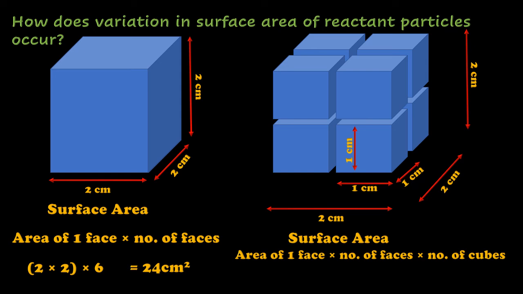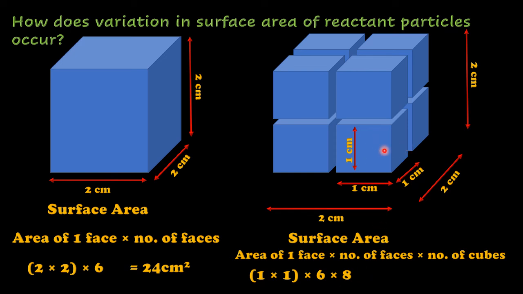So hopefully you have done your calculation and you have said that the area of one face is 1 by 1. The total number of faces for one cube is 6. And then the total number of cubes is 8. Let's count and see if we indeed have 8 cubes.